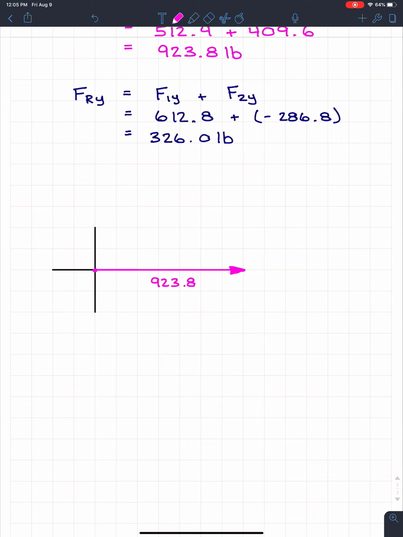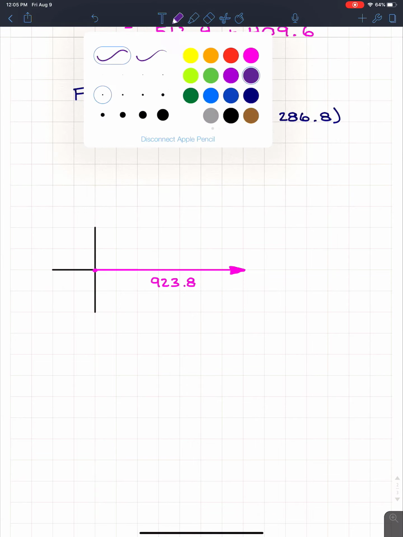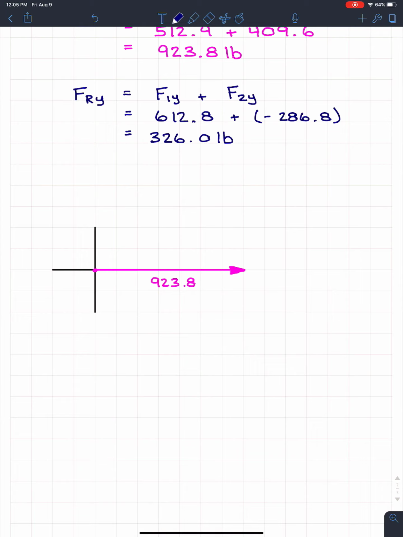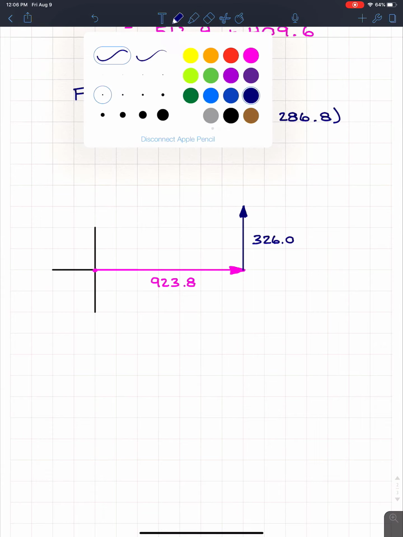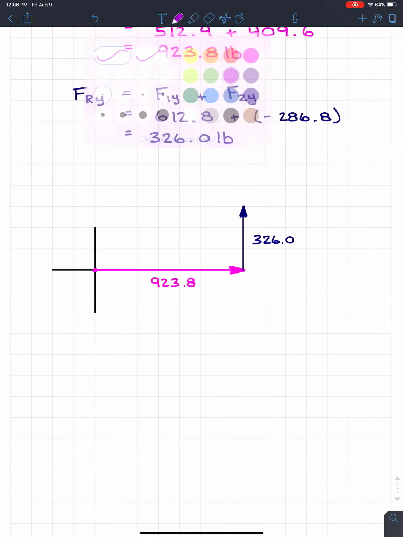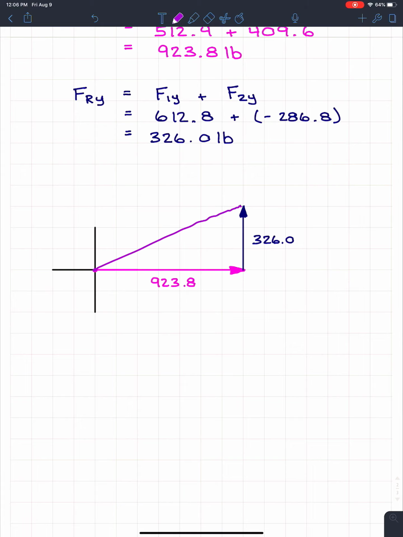And then we know that the vector also goes up by 326.0. And what we do now to find the resultant vector is we start from the axis and we just go right to the end. Perfect. So this purple vector now is our FR, our resultant vector.